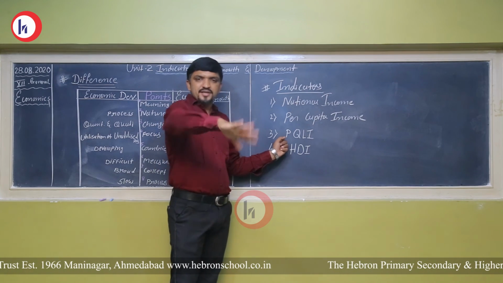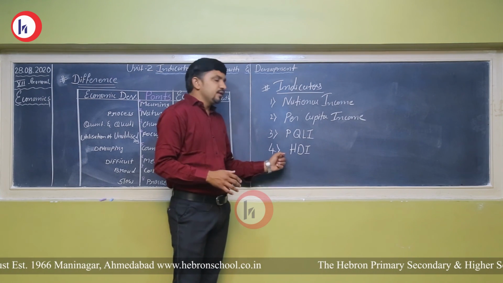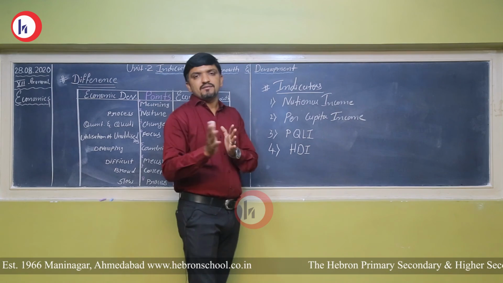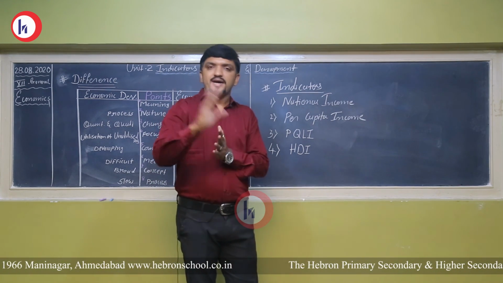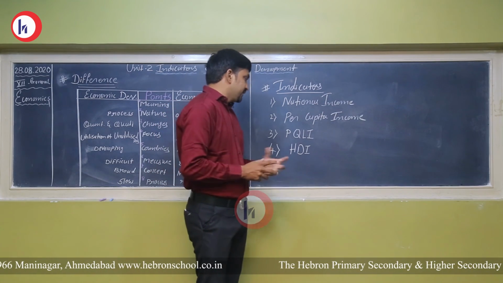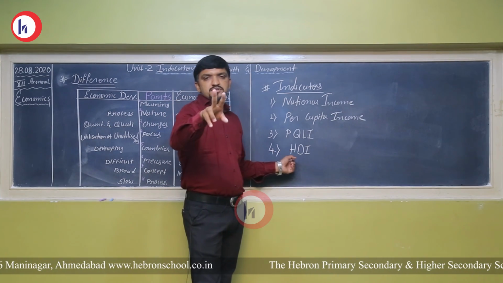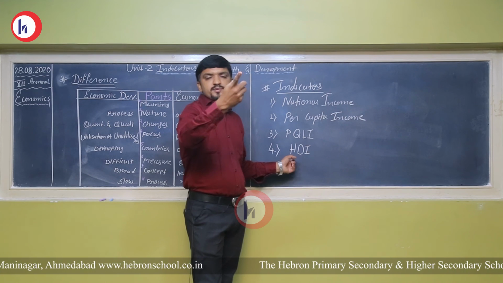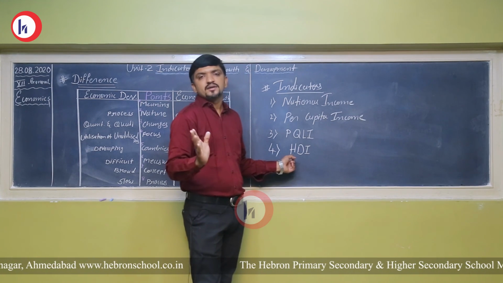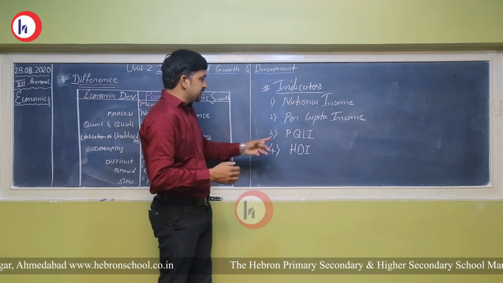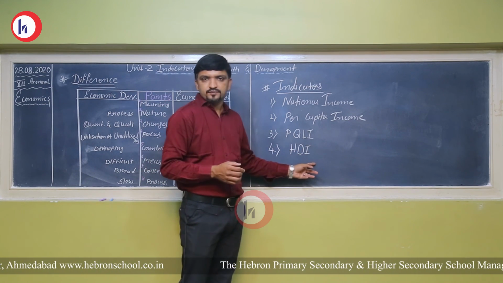And due to the limitations of PQLI, a new concept was developed, the Human Development Index, in the year 1990, as we have said earlier, by two economists of the world, one from India, Amartya Sen, and one from Pakistan, Mehboob ul Haq. And the first report was given in the year 1990.